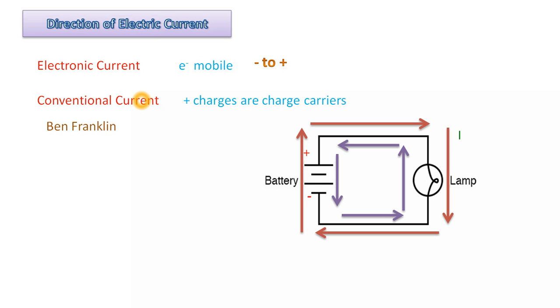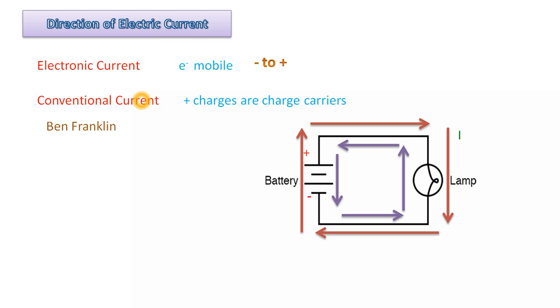Conventional current is a convention which has been followed for years, and it is also not a proven fact that electrons are the carriers, because in some substances electrons are charge carriers and in other substances positive charges are charge carriers. None of them can be declared true. So what was done in order to avoid confusion? The conventional current direction was followed so that everybody will be on the same page.